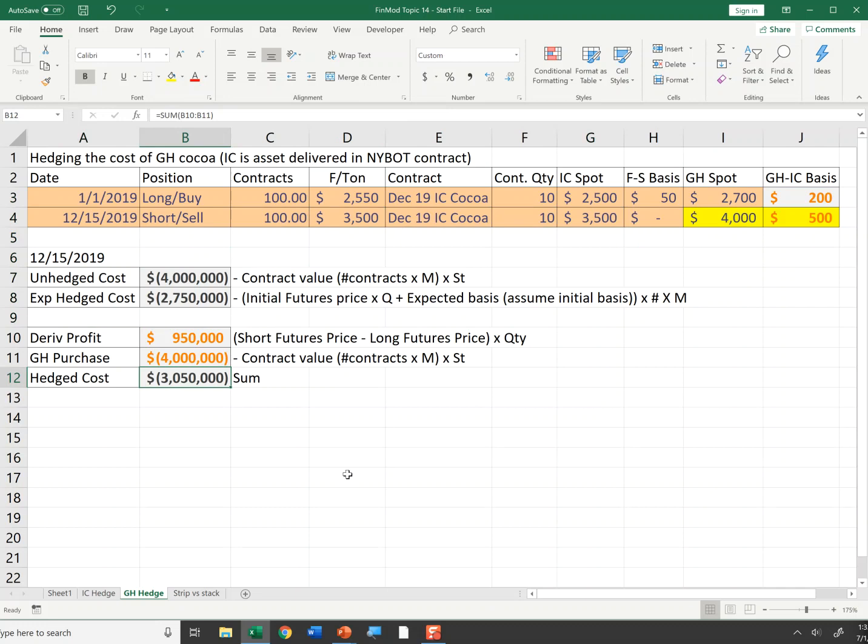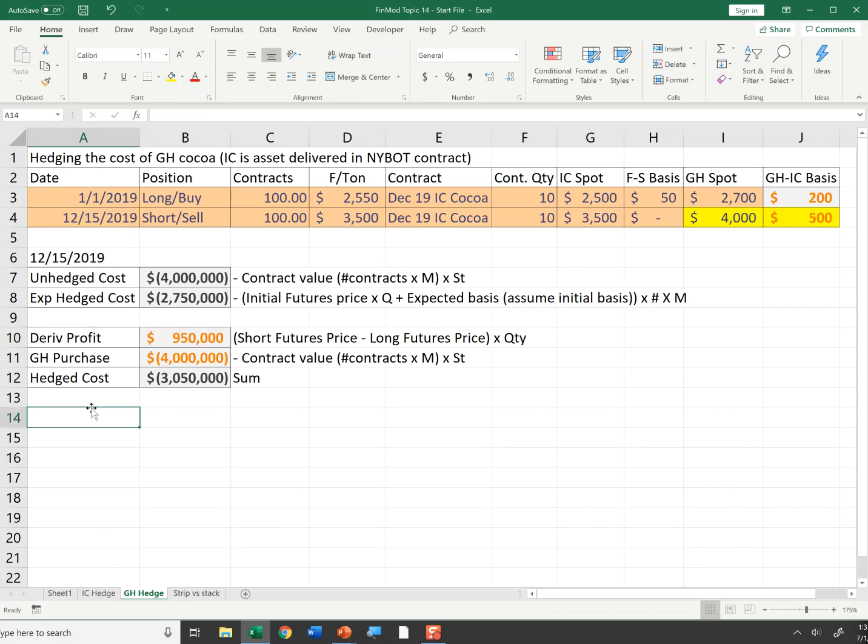Notice they're paying an extra $300 or $300,000 because of that basis widening. So even though they're not paying that full $4 million, that contract is not paying them due to the differences between Ghana and Ivory Coast cocoa.